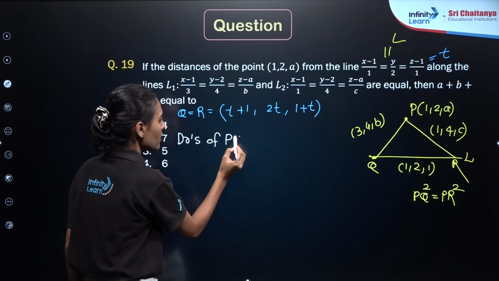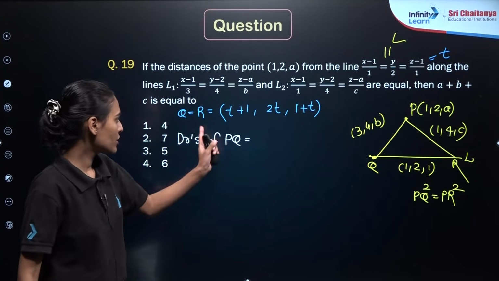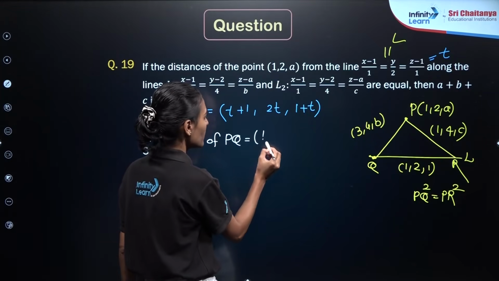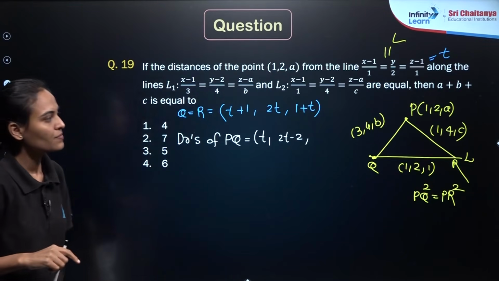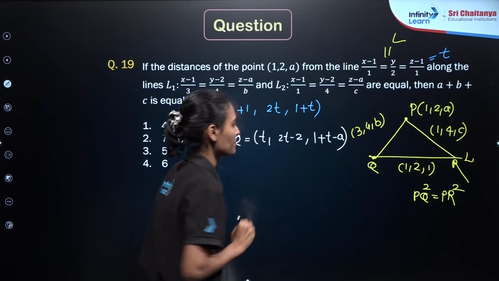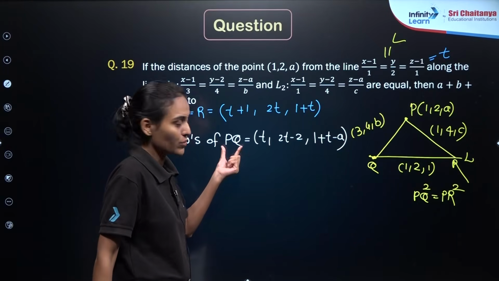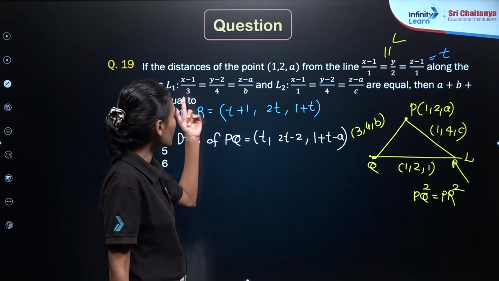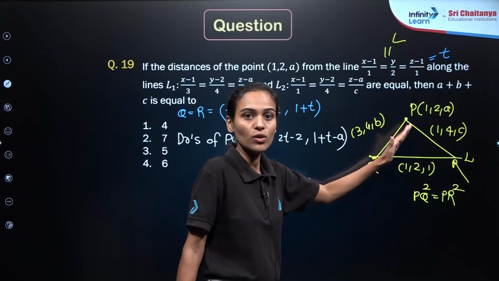Which is nothing but vector Q minus vector P, right? You have vector P as (1, 2, A) and vector Q as (T plus 1, 2T, T plus 1). So it will become T plus 1 minus 1, which is T, then 2T minus 2, and then 1 plus T minus A. Now what we know, students? This PQ is parallel to a vector b having direction ratios 3, 4, B, which means this vector PQ is parallel to line L1.